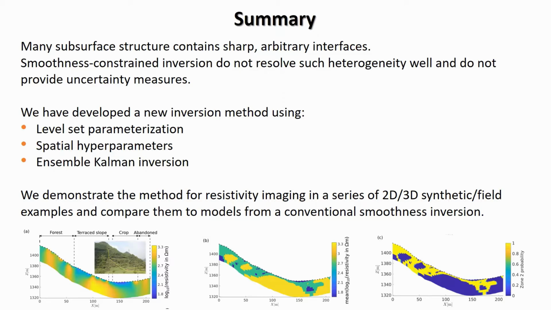The inversion is based on a level set parameterization using spatial hyperparameters that are inverted with an ensemble Kalman inversion procedure. And we're going to demonstrate the method for resistivity for a series of 2D and 3D synthetic and field examples. And as I said, we're going to compare these with a conventional smoothness inversion.